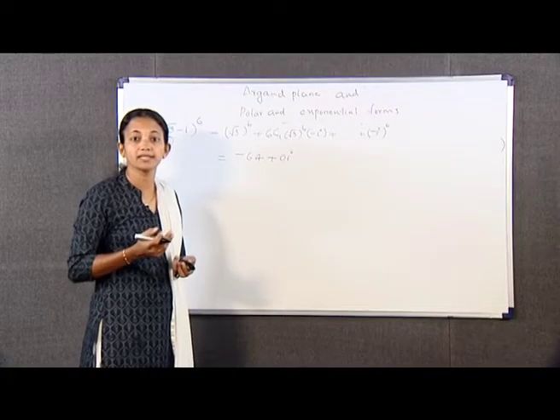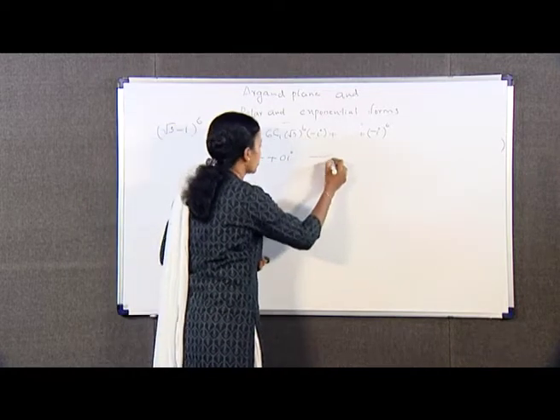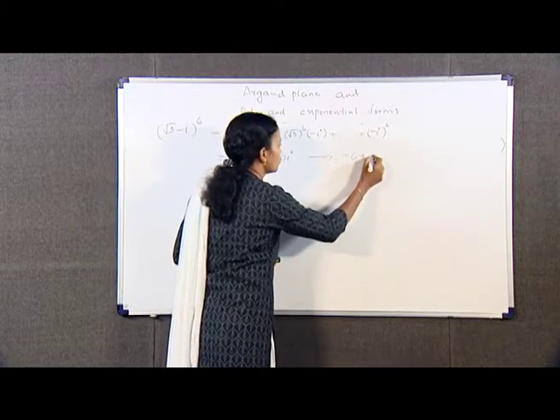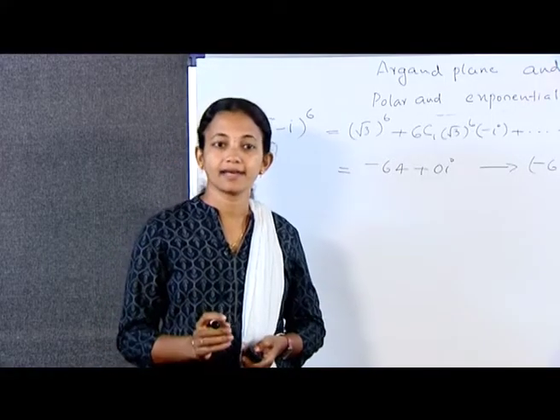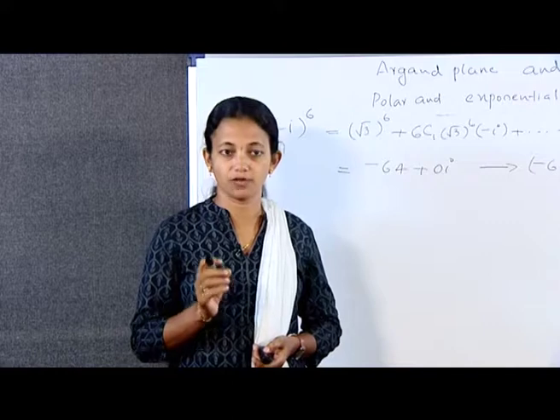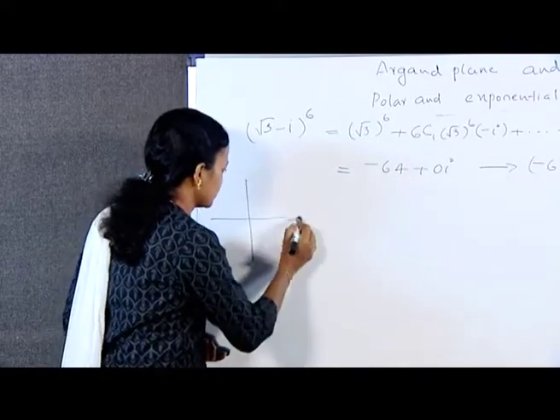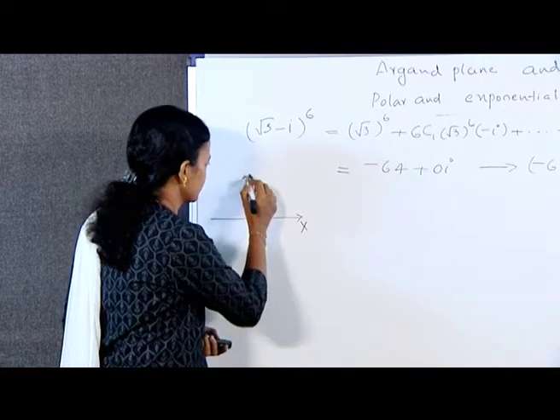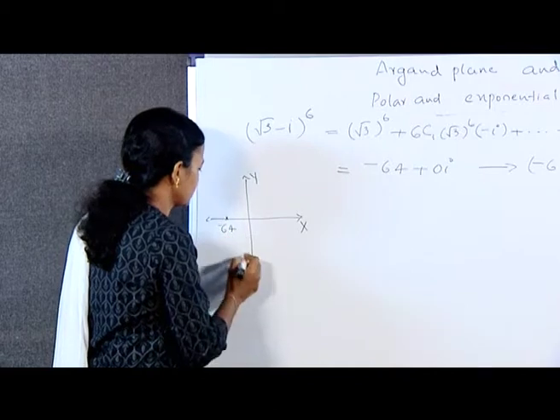Note that minus 64 plus i0 corresponds to the point (minus 64, 0), which is a point that lies on the line of intersection of the second and third quadrant. That is, here we have minus 64.